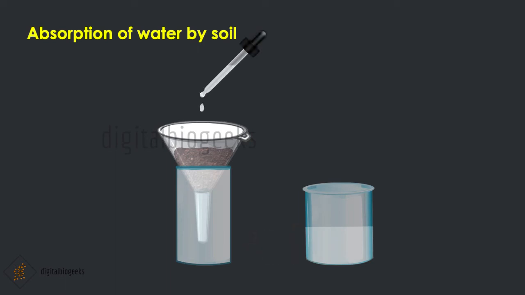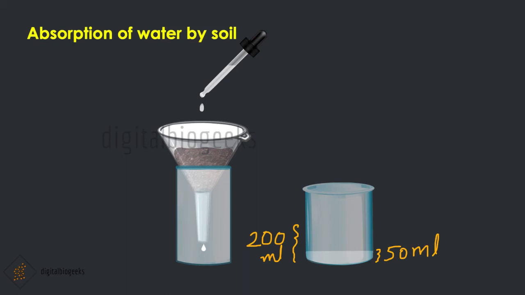We should not let the water fall in the same place. Keep pouring water until it starts dripping. Now measure the leftover amount of water in the beaker. Now this is only 50 ml. Then to find out the amount of water absorbed by the soil, we need to subtract the amount of water left in the beaker from the starting amount.